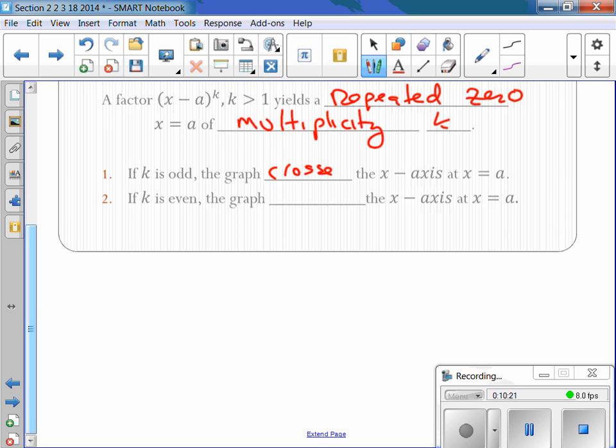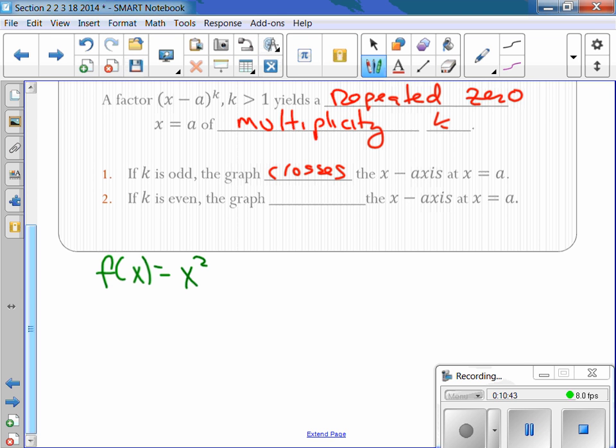If k is even, so I have a multiplicity of 2, multiplicity of 4, multiplicity of 6, something like f of x equals x squared. Here I have a 0 of, what's the 0 of this? F of x equals x squared.